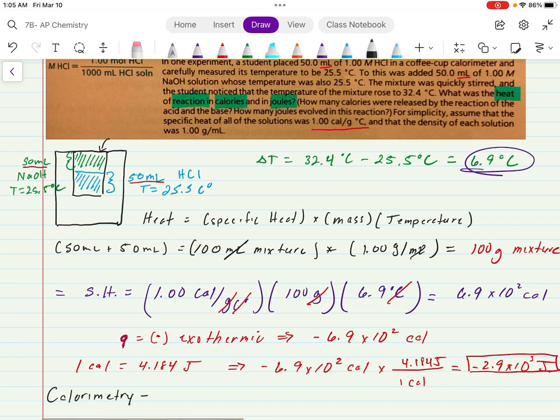Calorimetry is what we use to measure the changes in heat transfer in a system. The instrument that we use to measure this is called the calorimeter.